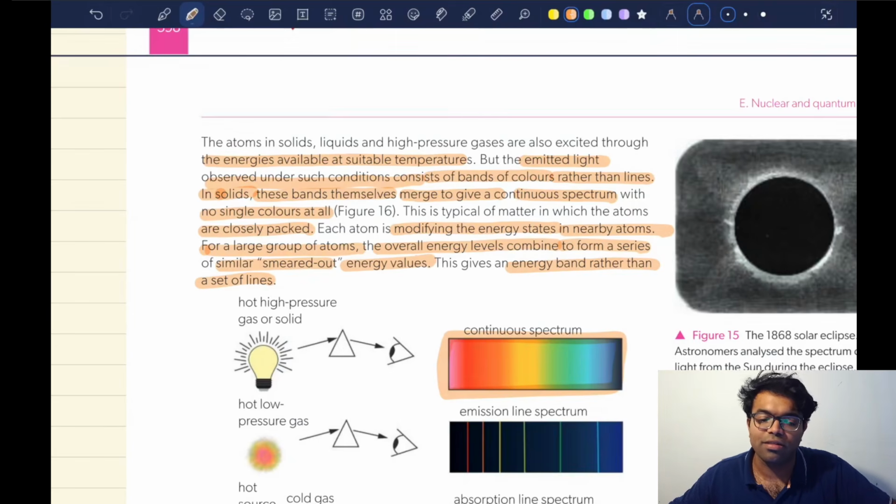If one atom in a solid is excited, that atom may try to excite the neighboring atoms also. So instead of discrete radiation coming out, you get a complete band of colors.